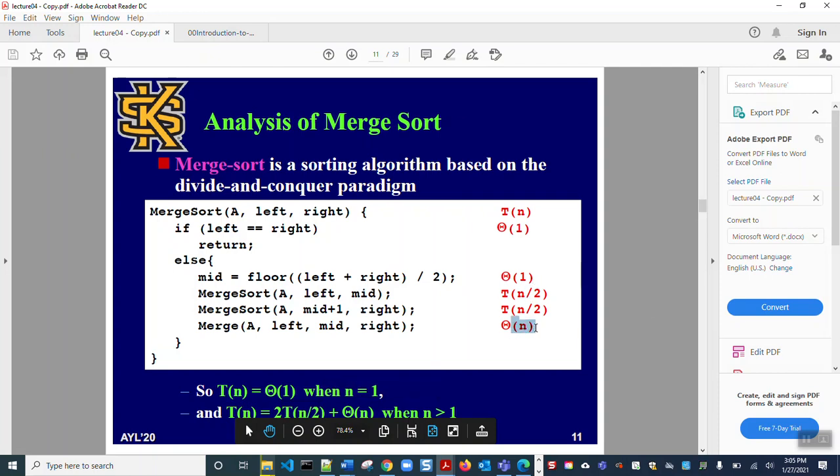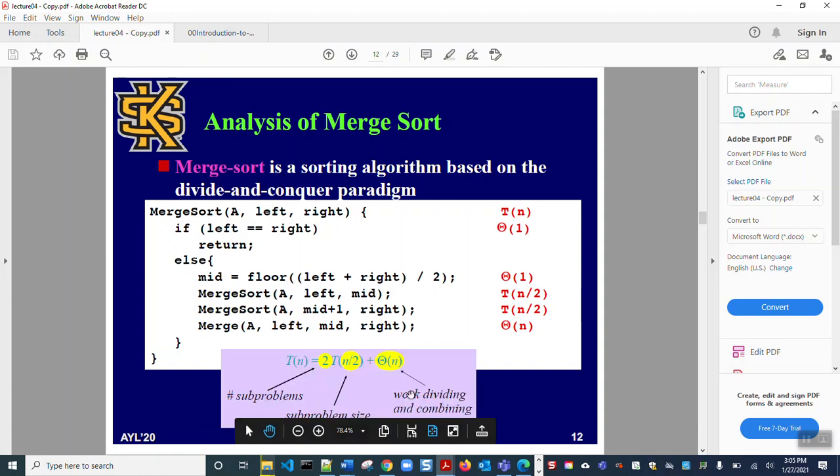This applies when n is greater than 1, considering a large n. Why is it 2? Because the number of subproblems we are dividing into is 2, and T of n by 2 is the size of each subproblem. The work of dividing and combining takes theta n.